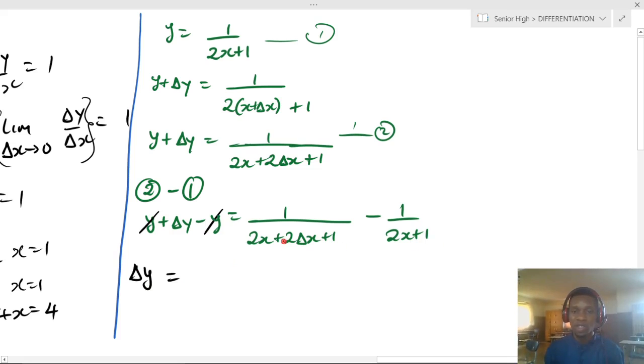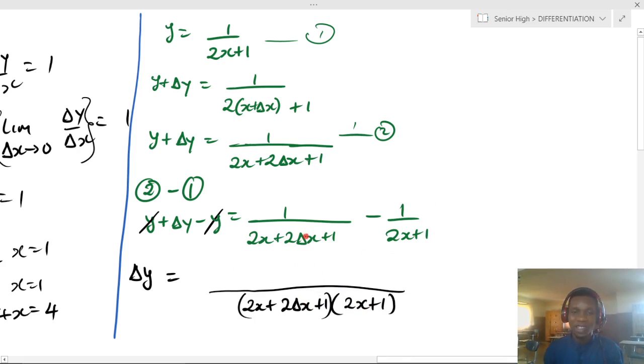The LCM will just be this multiplying this. So that will be 2x plus 2 delta x plus 1, brackets 2x plus 1. And then what do we have here? You just interchange it. That's just the trick here. But okay, let's just do the long way.